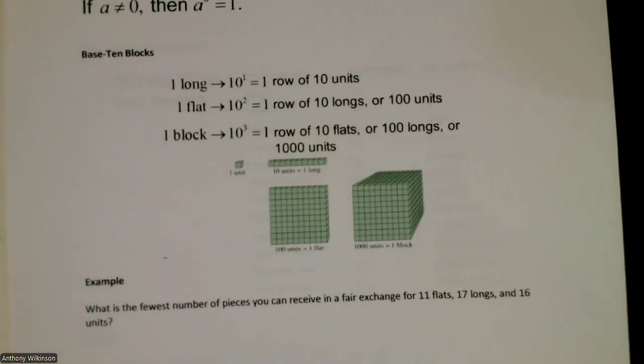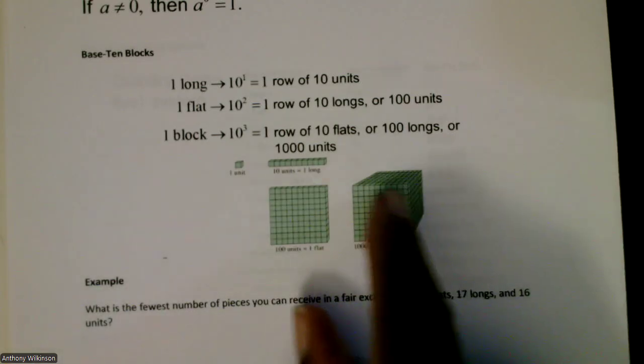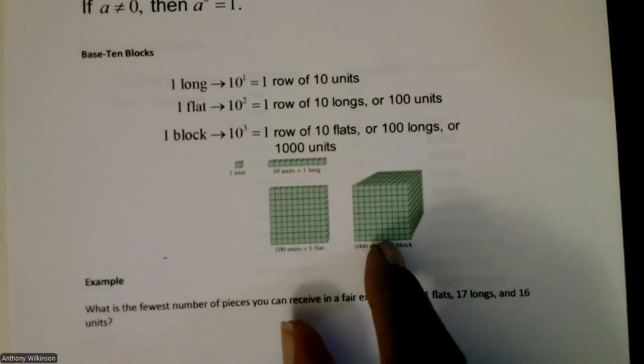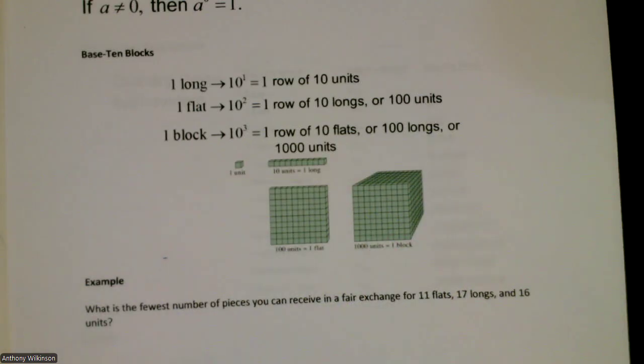And then one block, that's going to be 10 to the third, or one row of 10 flats, or 100 longs, or 1,000 units. So this will be what one cube, one block would look like. So what we'll do here is use that idea to answer this question here.